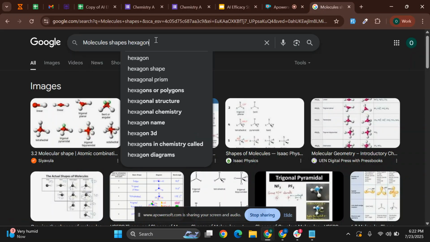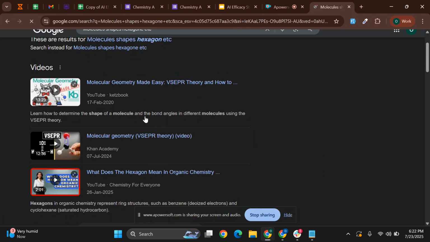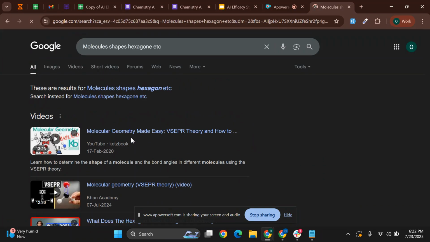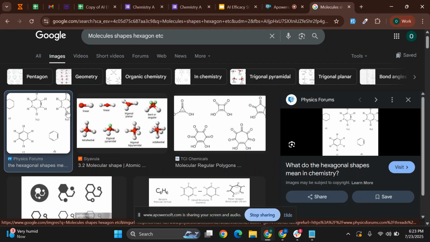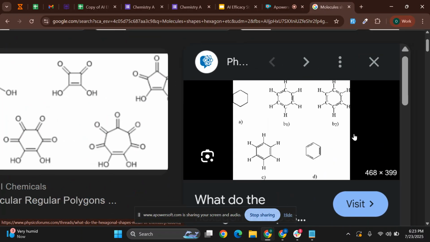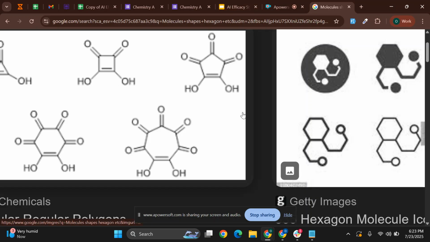Hexagon, etc. So looking at the images, these are hexagonal shapes. As I said, one, two, three, four, five, six.